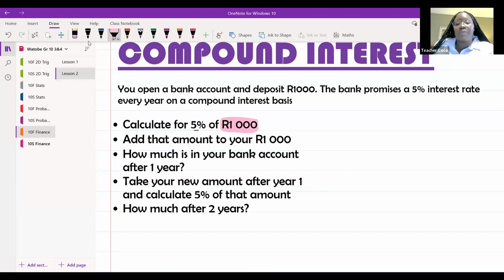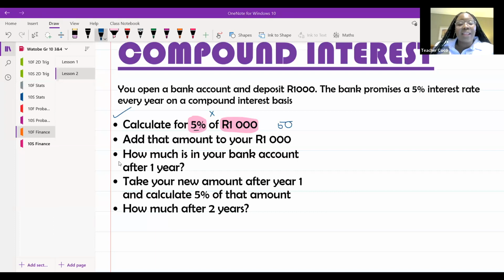How much is 5% of 1,000 Rand, guys? 50. Good. I'm going to go to my calculator, and we've learned that "of" is times, so I type in 5% of 1,000 and I get 50 Rand. That part, check. Let's do the second part.